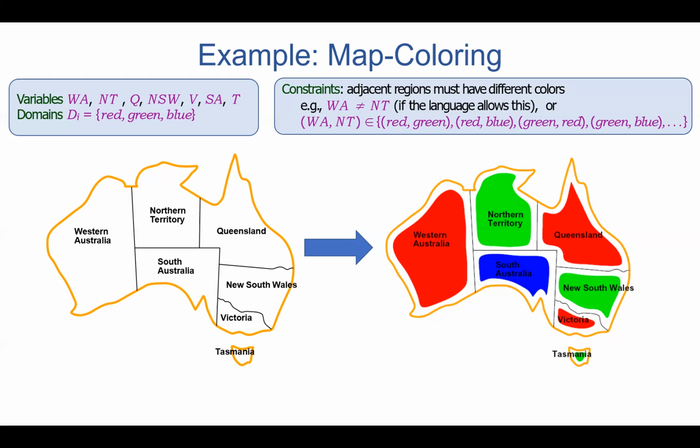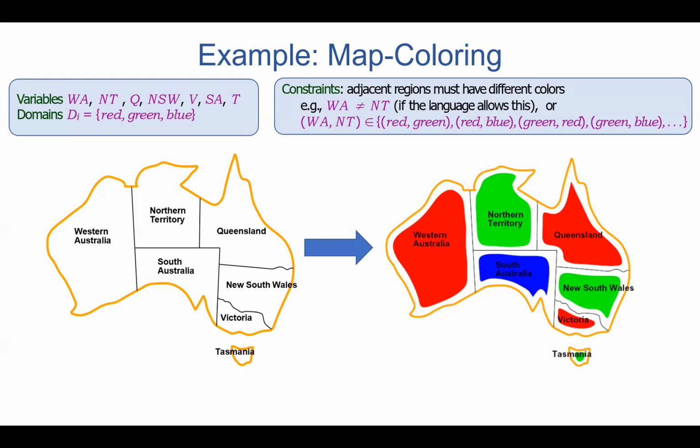So, an implicit constraint. The first line, for example, says Western Australia is not equal to Northern Territory. That inequality between the 2 states is called the implicit constraint. It indicates that WA, Western Australia, is not equal to Northern Territory, meaning Western Australia cannot have the same color as Northern Territory because they're adjacent to each other.